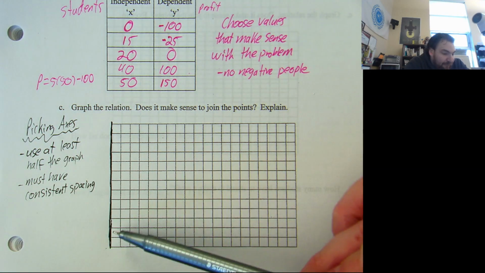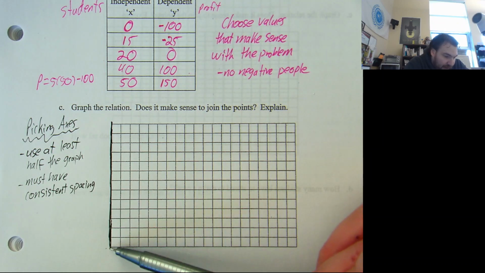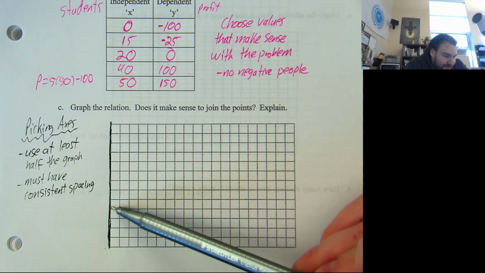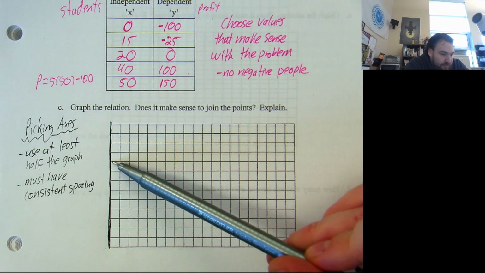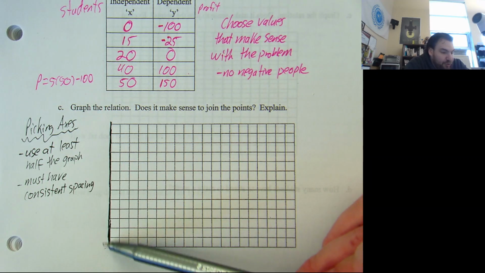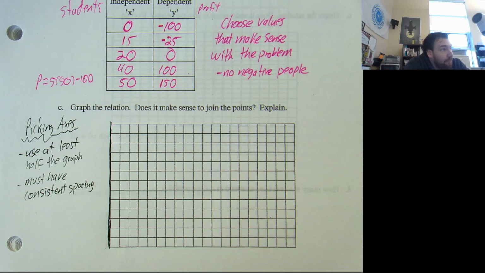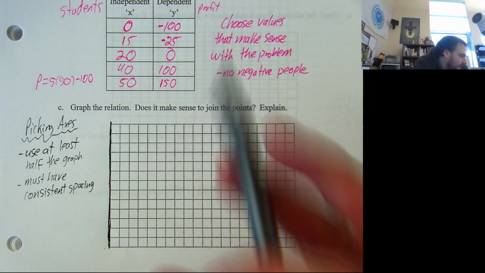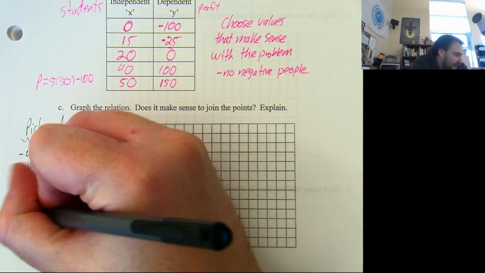So what that means is every jump here needs to be the same amount. Or maybe you go up by 2s, that's fine. However you're jumping, you need to be going up by the same amount every time. I'll demonstrate that in a second.